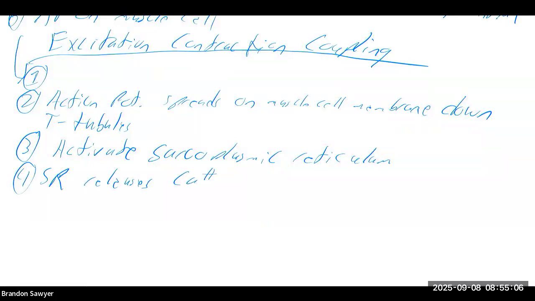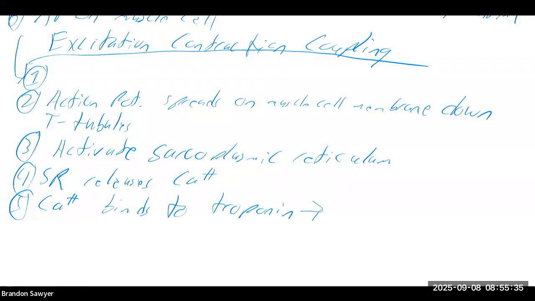So again, here's calcium running one of our molecular mechanisms inside of our cells. The sarcoplasmic reticulum releases calcium, and then that calcium, which of all those proteins you looked at in the pre-class video, does it bind to? Troponin, yes. Calcium binds to troponin.